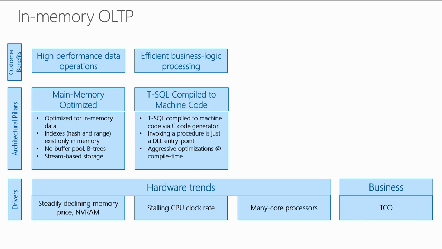Everything is main memory optimized, and to reduce the consumption of CPU cycles at runtime, we introduced a T-SQL compiler to compile your T-SQL to native code. You don't need to write any different C code for your T-SQL procedures. All you need to do is still write T-SQL, call it memory optimized, and we'll compile it to DLLs. All your T-SQL procedures are loaded as DLL entries during runtime. And we're very aggressively optimizing during compile time.